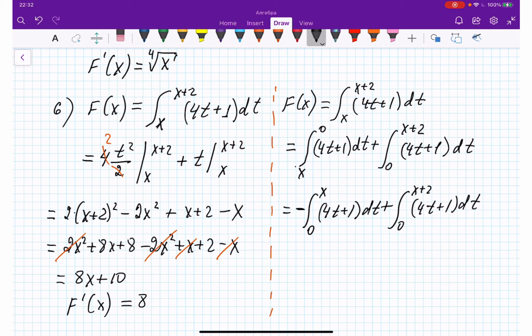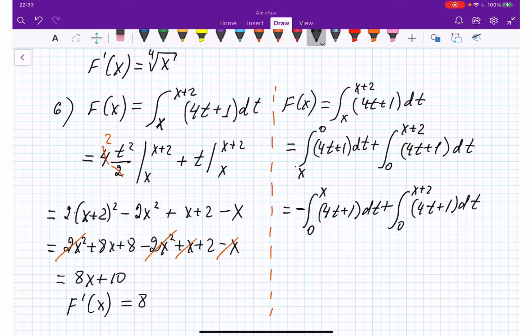Okay, so we have all conditions there. The function is continuous, there is no interruption in the function, and we have a constant and a function on the boundaries. So we can apply the second fundamental theorem.